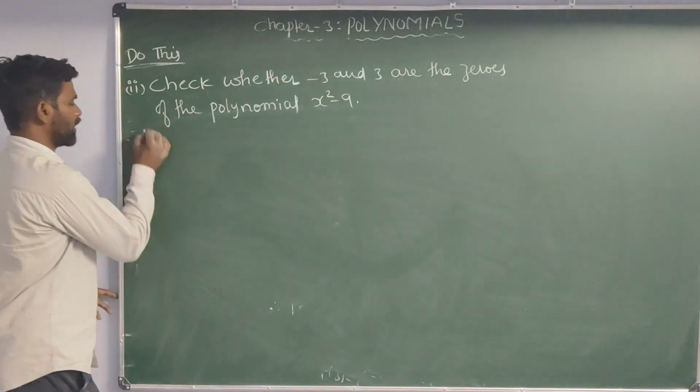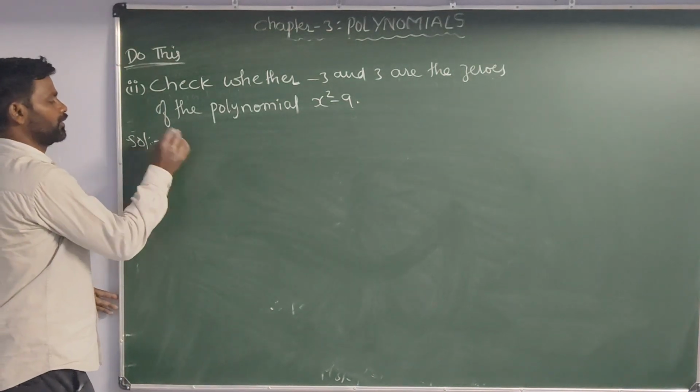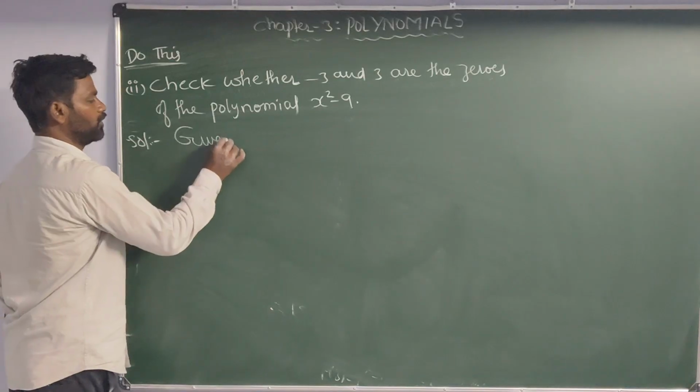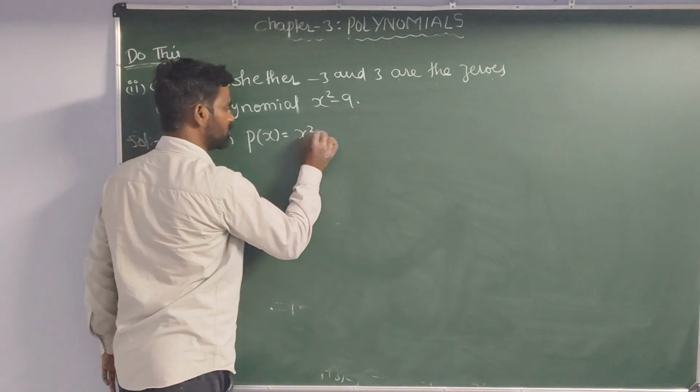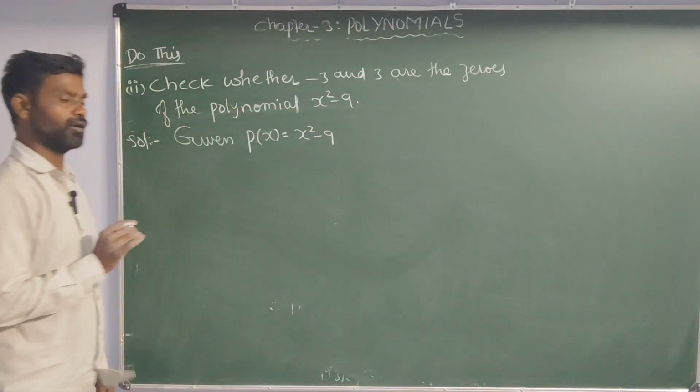Okay, first of all, we have to write the solution. What is the given polynomial? Polynomial P of x is equal to x square minus 9. So this is the given polynomial.